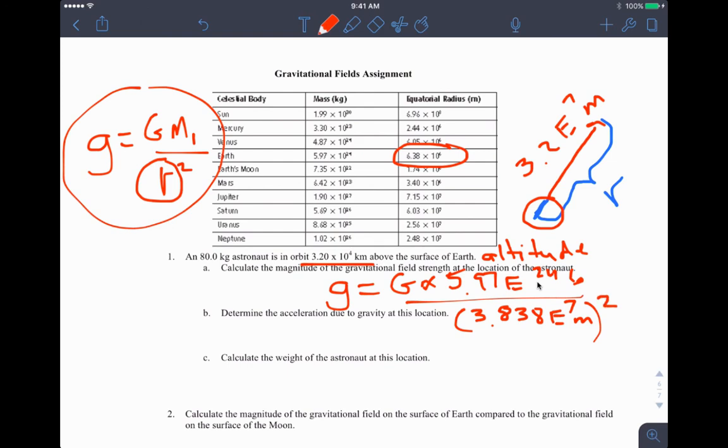But that number, of course, is squared. And so this becomes 0.270 newtons per kilogram. That's awfully small, especially compared to 9.81, which is what it would be if this guy was standing on the surface of the Earth. But he's way out there. So out there, the gravitational field strength is much less.